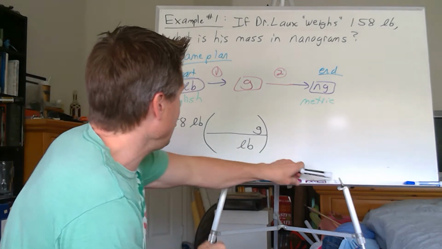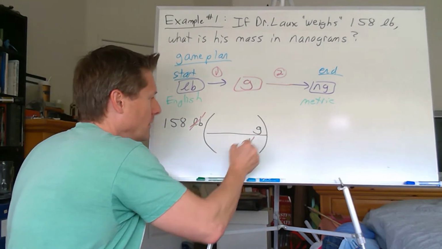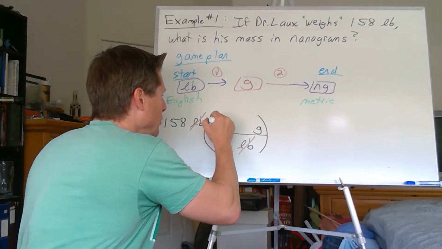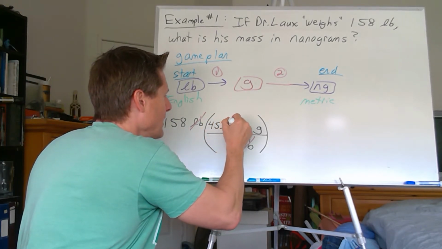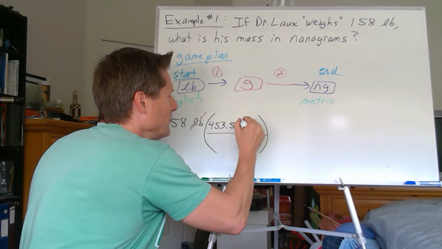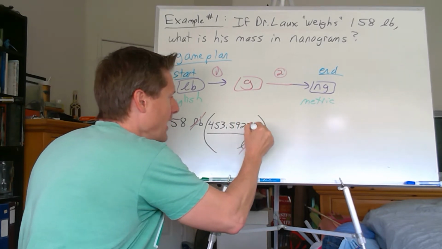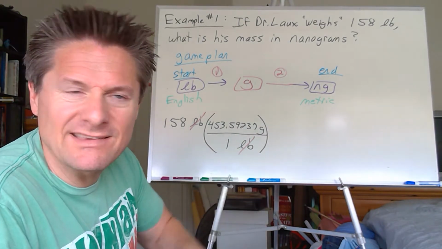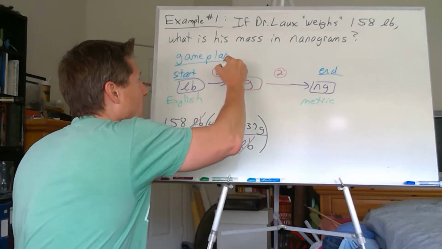That allows me to cancel out pounds, right? That's the basis for dimensional analysis. So let's put our 453.59237 grams per pound. And again, you don't really need the one, it's assumed there. So check on step 1.